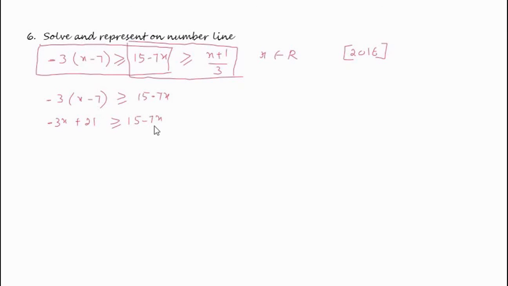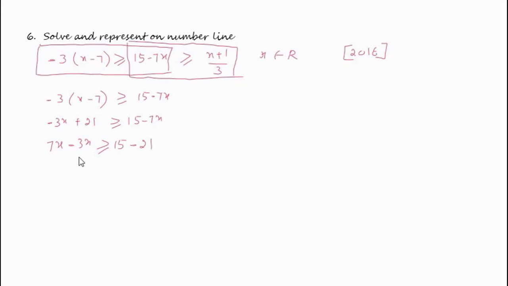Let us bring all x to the left side. So minus 7x becomes plus 7x. So 7x minus 3x greater than or equal to 15 minus 21.